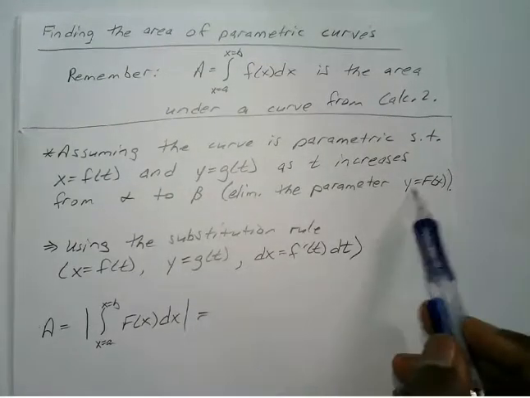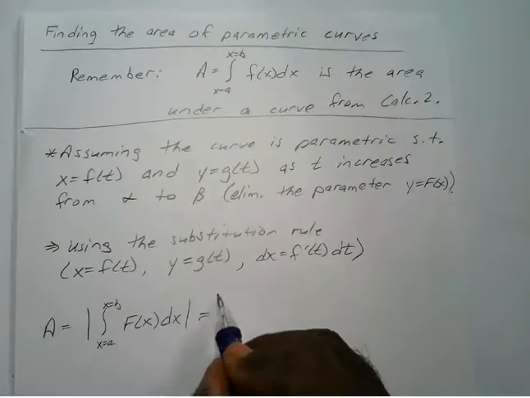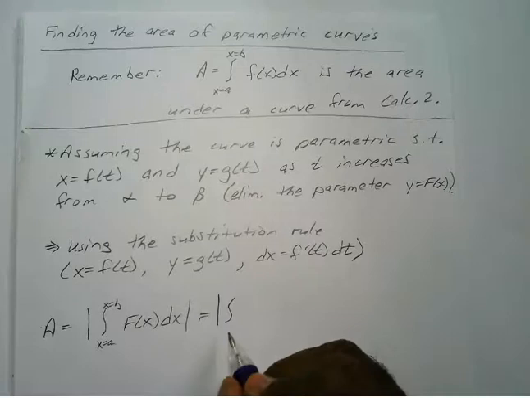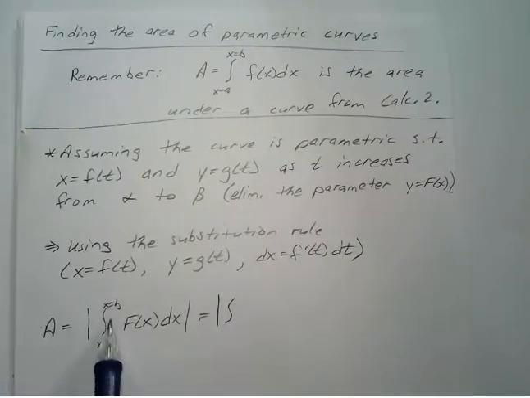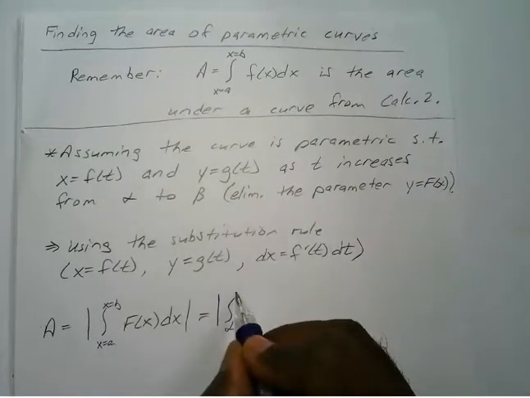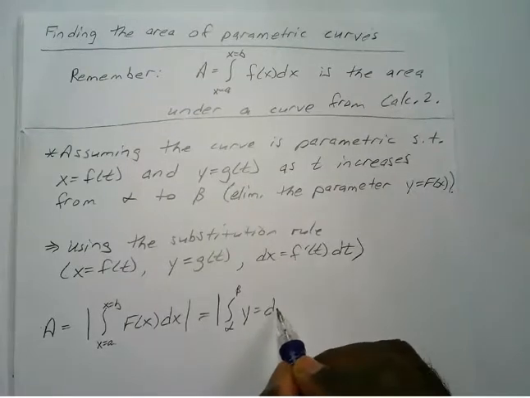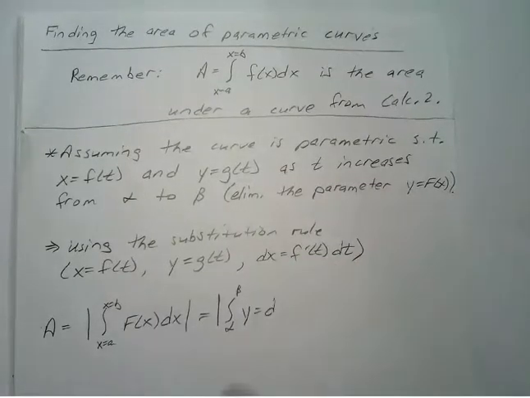And remember that f of x, or capital F of x, is equal to y. So really that's just the integral, and instead of x equals a and x equals b, we're going from alpha to beta, because we're looking at the values of t. And that's y dx.